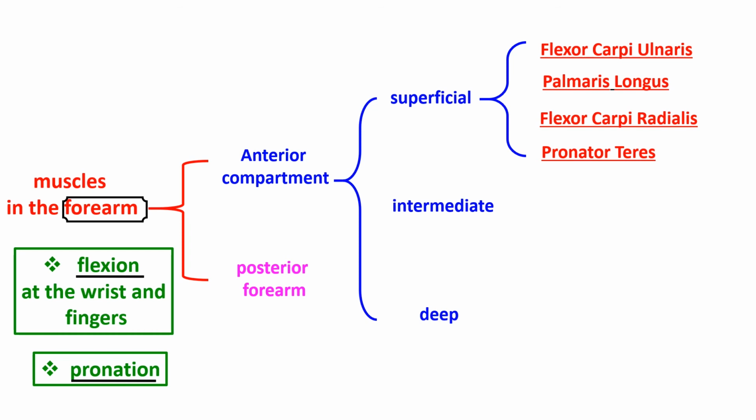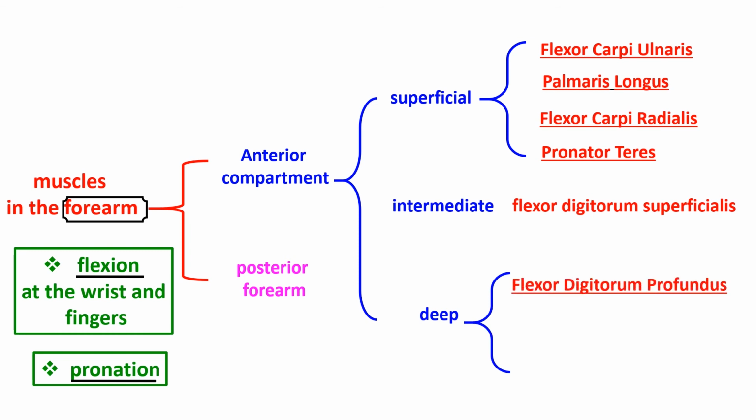But just to have an idea, the intermediate layer contains flexor digitorum superficialis. That means it flexes the phalanges. And the deep ones are flexor digitorum profundus. It does flexion of the phalanges, but deep to the superficialis.